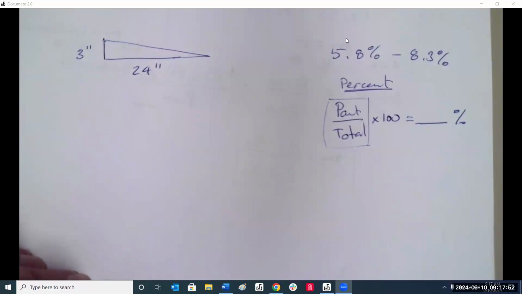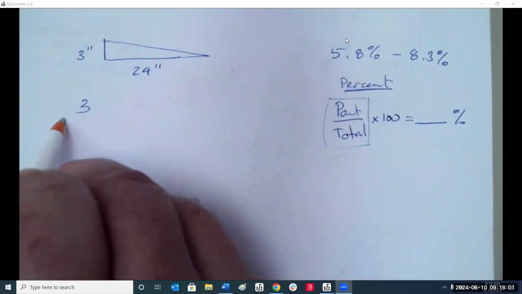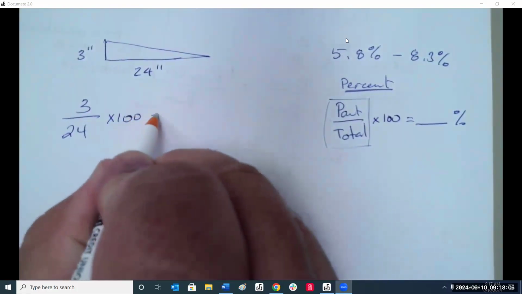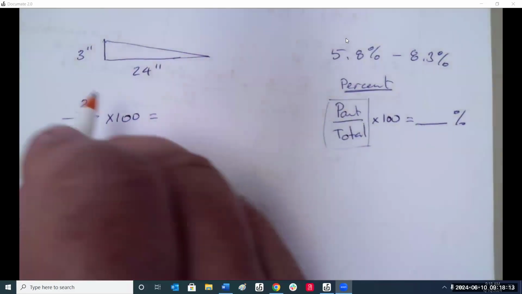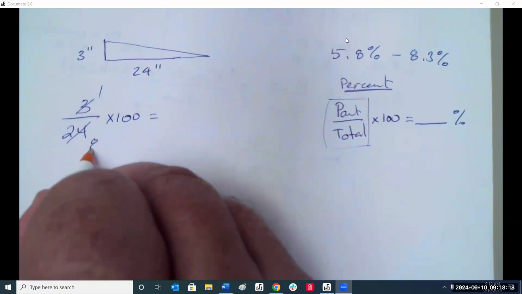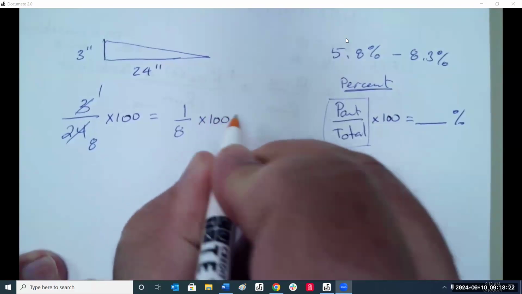What's the formula? Y over x, rise over run. So in our case, it would be 3 inches over 24 inches times 100. We can simplify. 3 goes into 3 once, 3 goes into 24 8 times. So we have 1/8 times 100.